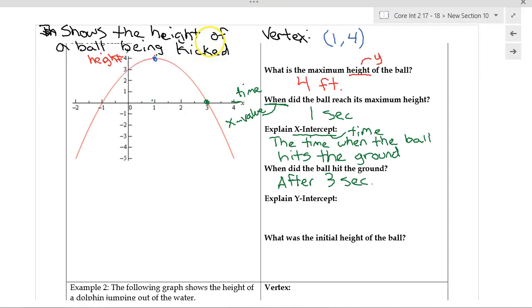Explain the y-intercept. Well, again, y always has to do with height. So just like the x-intercept is the time when the height is 0, the y-intercept is the height when time is 0. We're going to say the initial height of the ball. Remember, initial just means at the beginning.